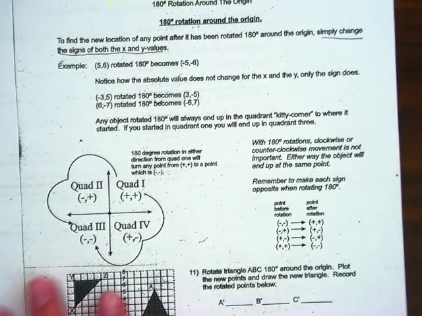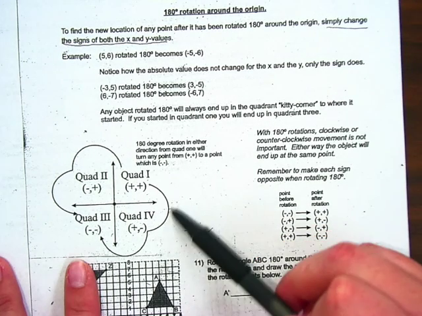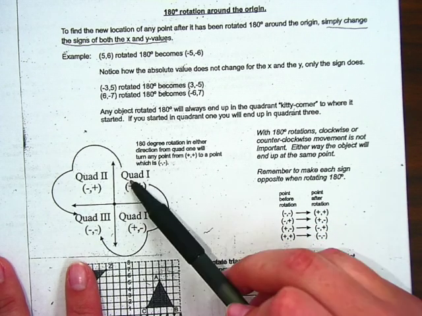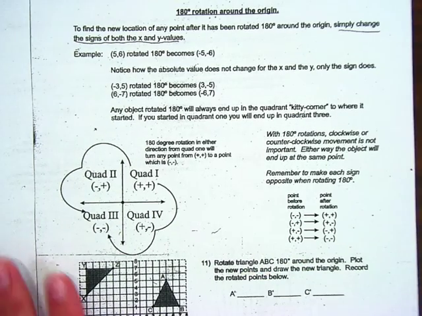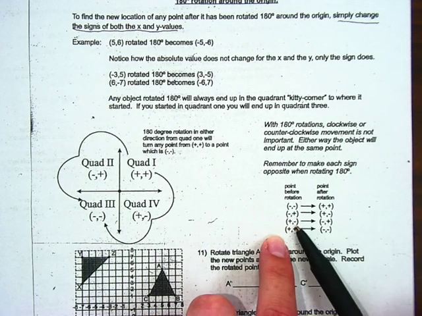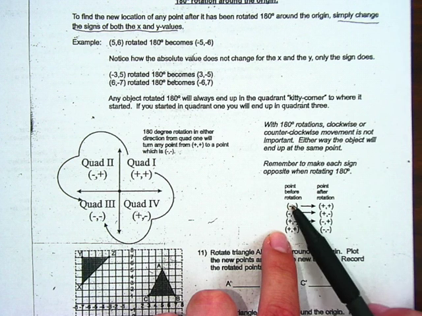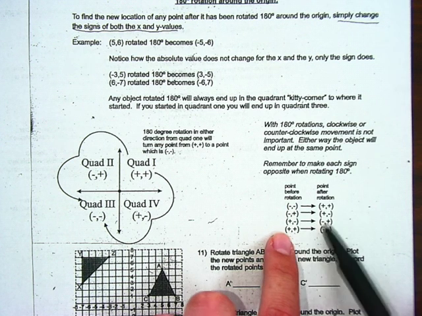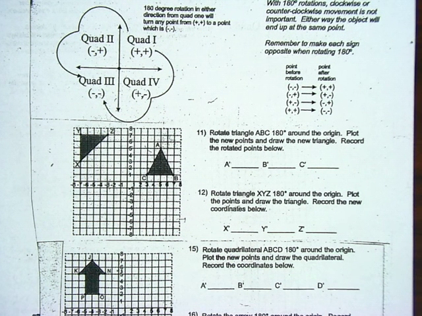So all a 180-degree turn is moving it once, twice, that would be clockwise, or once, twice, that would be counterclockwise. So again, look right here, the points before, if they're negative, negative, they turn positive, positive. If it's a positive and a negative, then it should be a negative and a positive. So we'll do a couple examples to see what that looks like. There's no counterclockwise or clockwise.